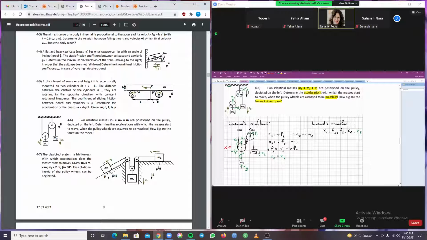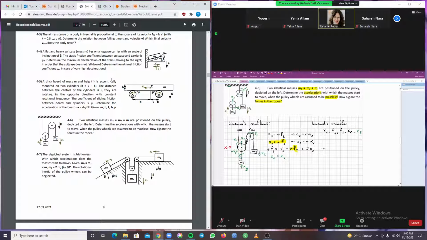Same here for A1 equals R alpha 1. And here we can substitute this relation, then this is equal to 2x2.